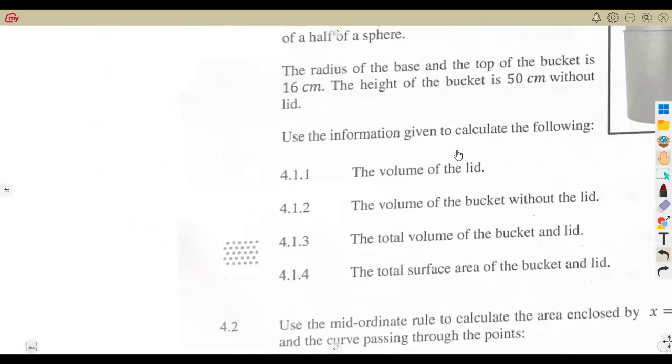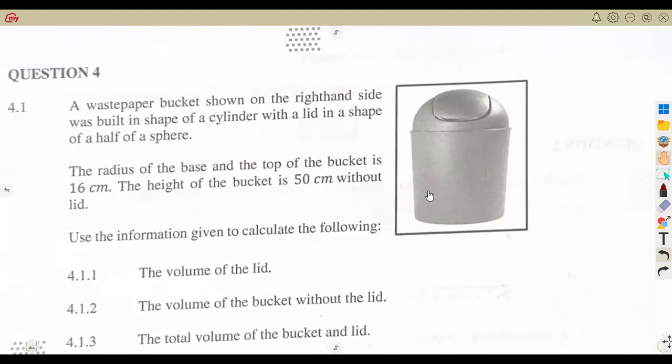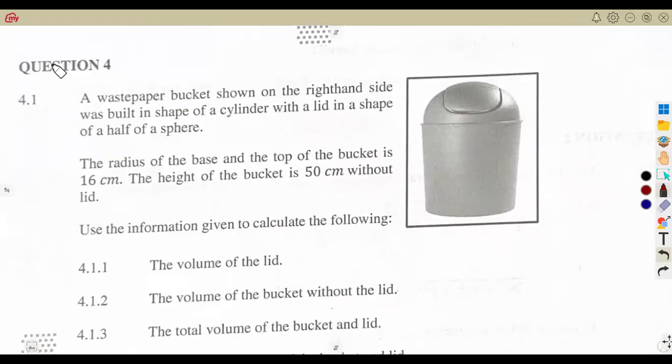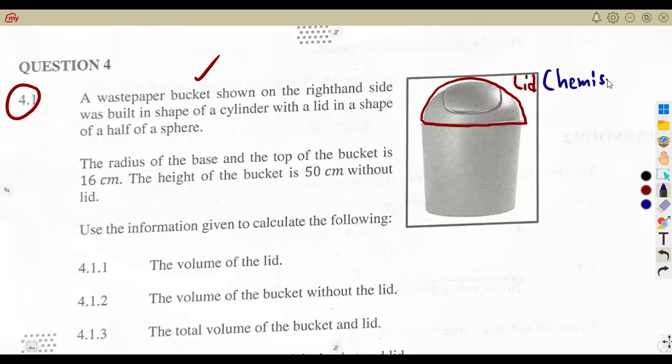Let's see another part. On another part of our question, it was question number 4. All right. So this one you're done. The question number 4, which we are given 4.1, a waste paper bucket shown on the right hand side was built in the shape of a cylinder with a lid in the shape of half of a sphere. All right. So the top, which is the lid, is half of a sphere, meaning to say it is made up of a hemisphere.